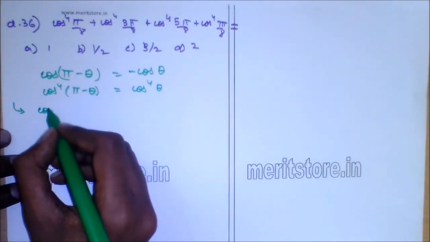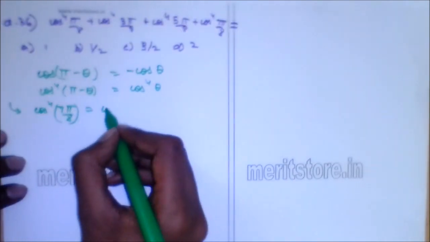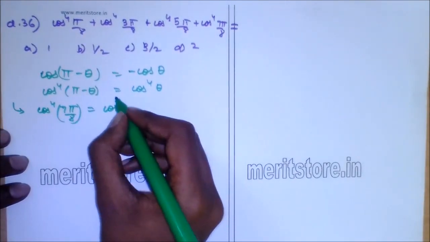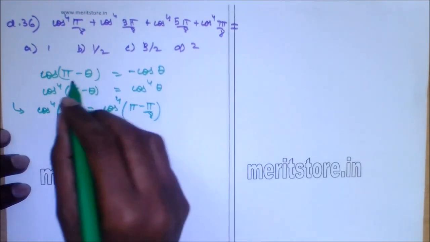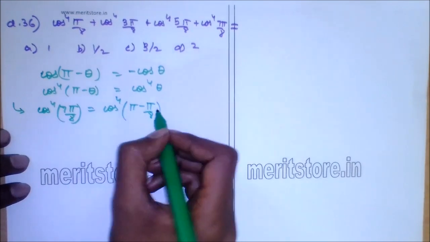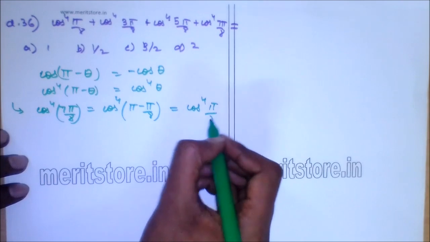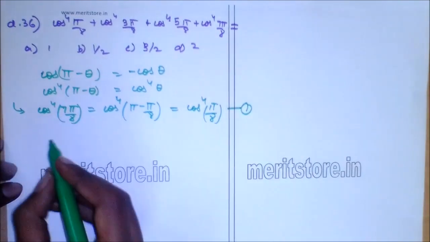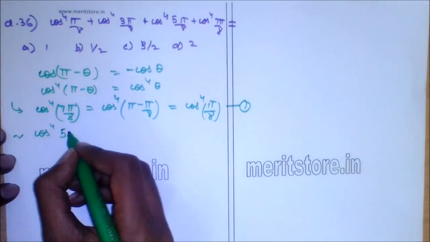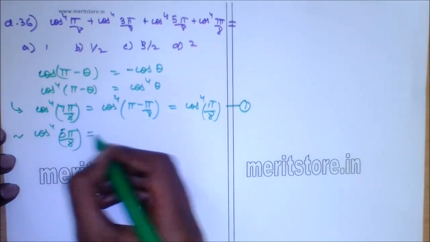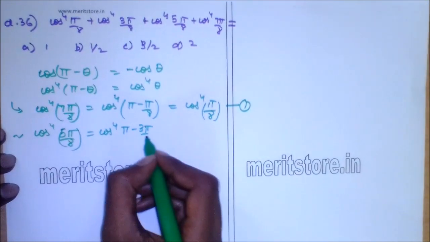So we get cos raised to 4 of 7 pi by 8. 7 pi by 8 can be written as pi minus pi by 8. Now cos raised to 4 of pi minus pi by 8 is equivalent to cos raised to 4 pi by 8. Let this be equation 1. Similarly, we can write cos raised to 4 of 5 pi by 8, where 5 pi by 8 can be written as pi minus 3 pi by 8.